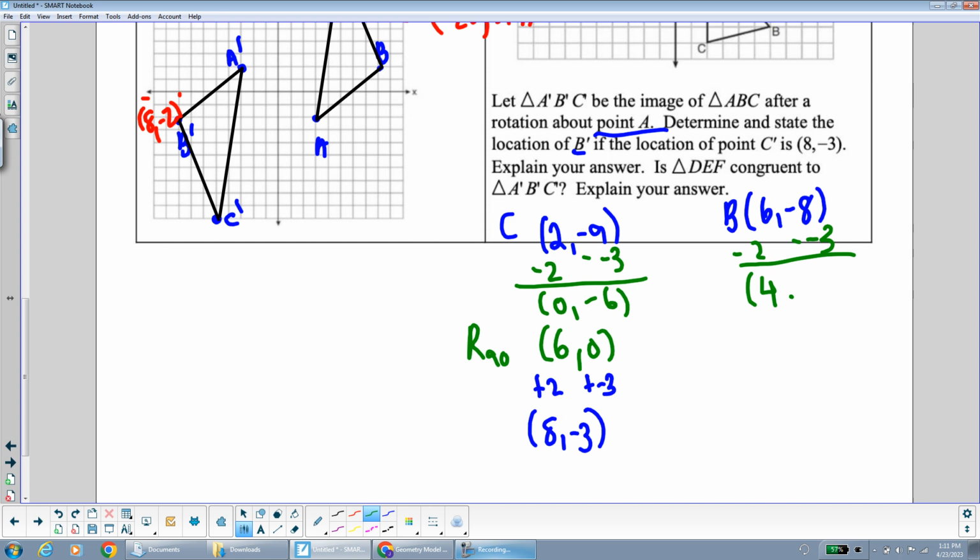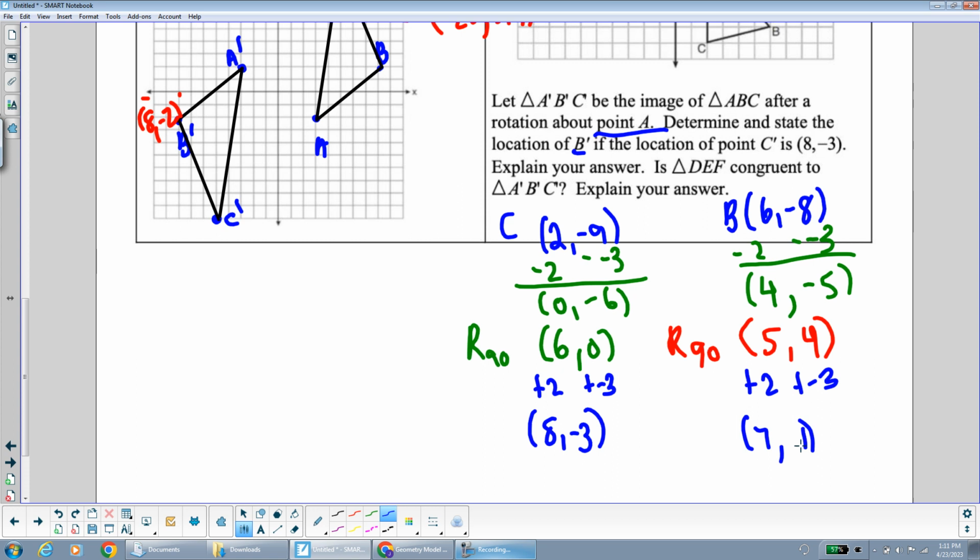So that gives me 4. It's really a plus, so that's -5. Now let's do our 90 degrees counterclockwise rotation. Switch the order. The original y coordinate becomes the opposite sign, so that would be 5, 4 when we rotate it 90 degrees counterclockwise. And then it wasn't really centered at the origin, so we do have to add our real center of rotation back in. So that would be 7, 1.